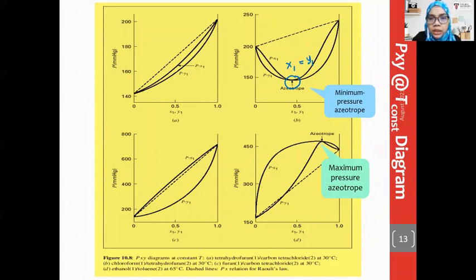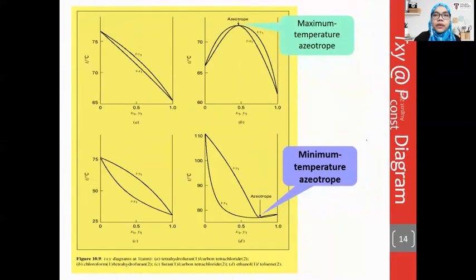If we increase the pressure to a certain pressure, here at 450 mmHg, we have the same composition of liquid and vapor. This is known as the maximum azeotrope pressure.